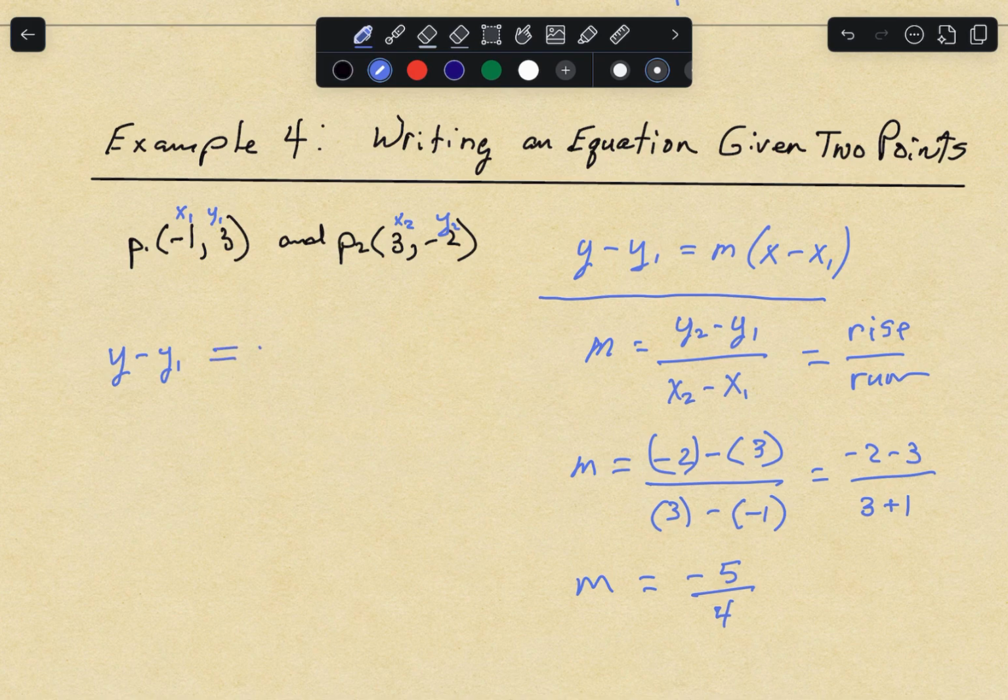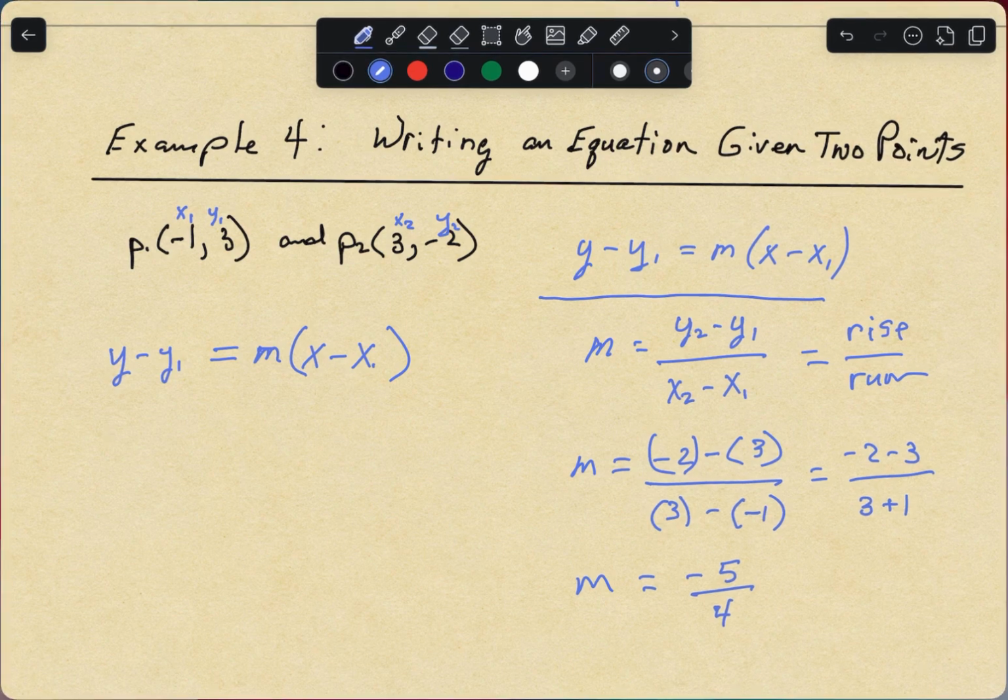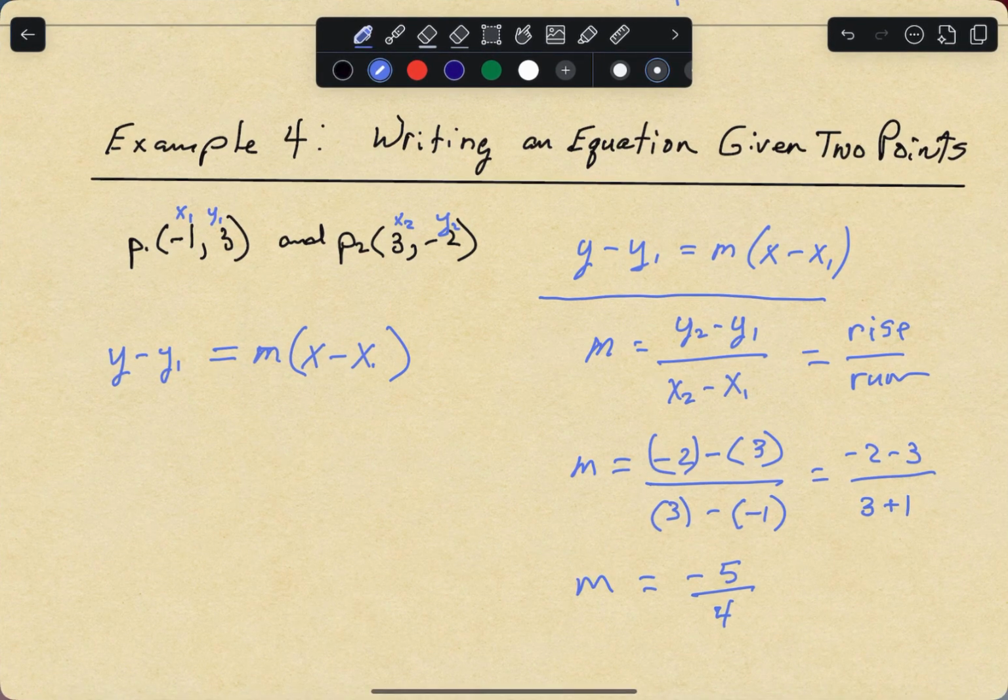That equals the slope times x minus x sub 1. Now we just go y minus the y sub 1, which is 3, equals negative 5 over 4, because that's what the slope is, times x minus x sub 1, which is minus 1.